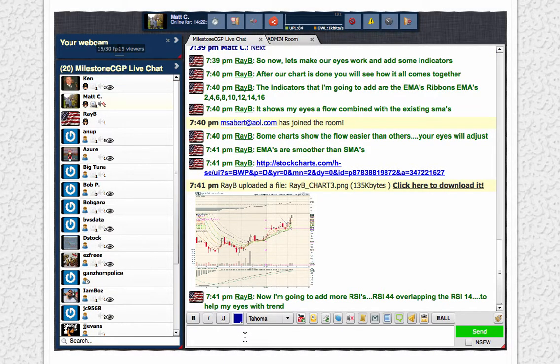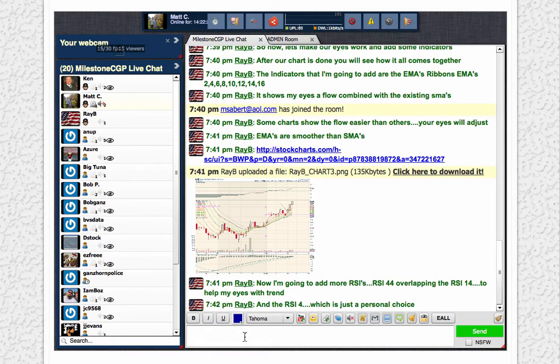Now he's going to add more RSIs. RSI 44 overlapping the RSI 14 to help determine a trend, to train your eye to see the trend, and the RSI 4, which is just a personal choice.